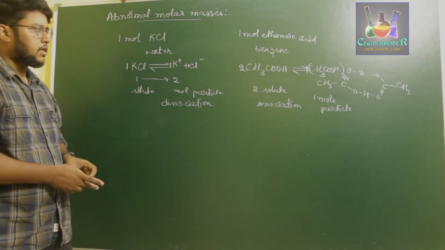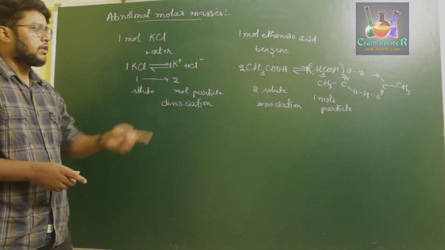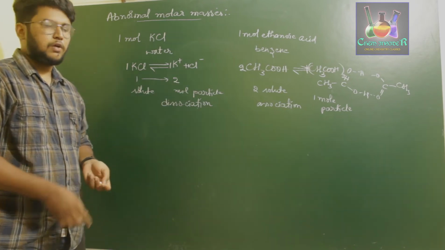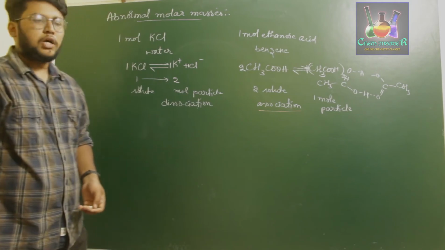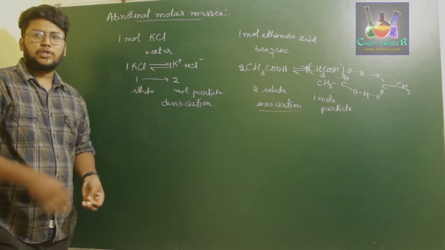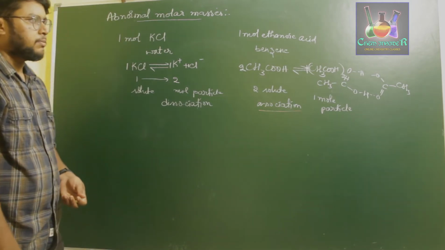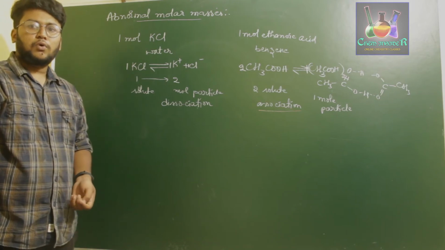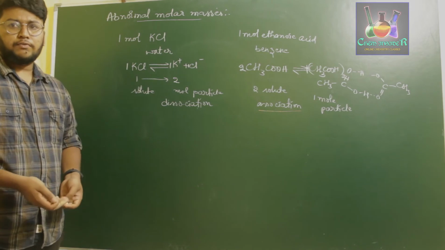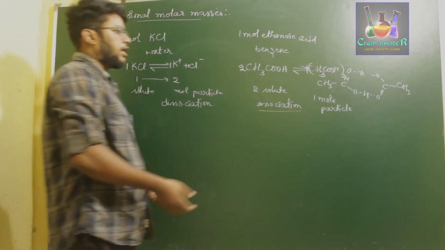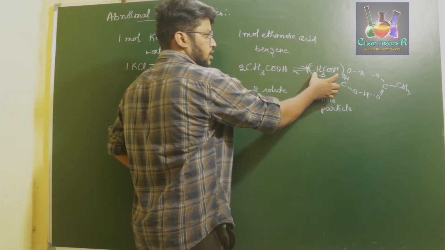If we consider an association process, the molar mass will be greater than the original value because we are obtaining a dimer.